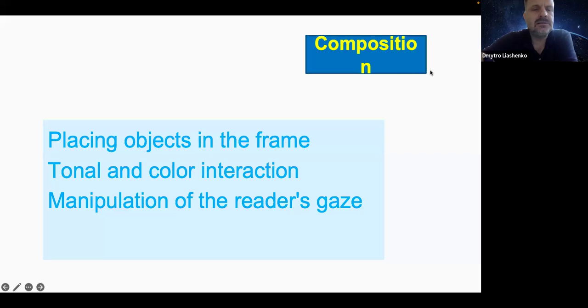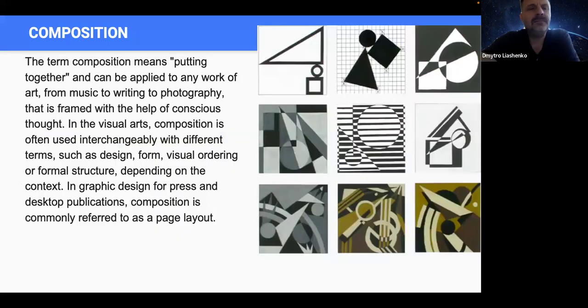Well, composition is placing objects in the frame, tonal and color interaction, manipulation of the reader's gaze. The term composition means putting together and can be applied to any work of art, any graphic, and computer graphic, of course. From music to writing to photography, it is framed with the help of conscious thought.